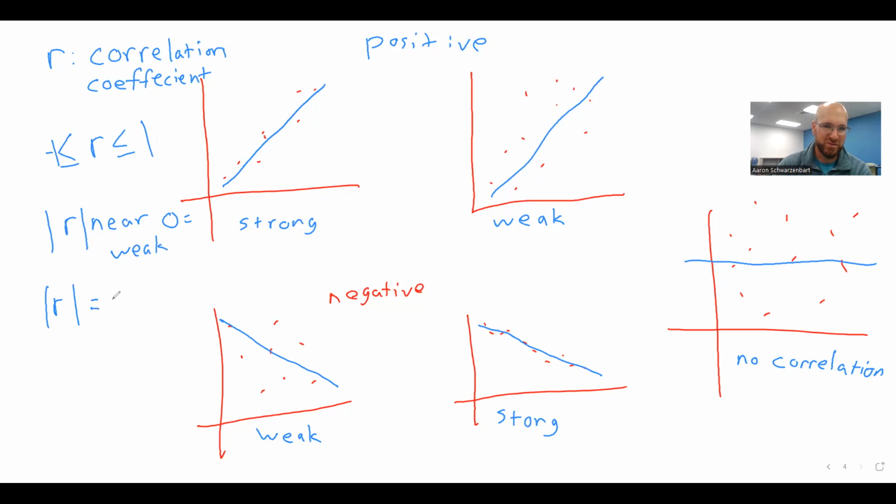Absolute value near 1 equals strong. Something like absolute value near 0.6, 0.7 is moderate. 0.8 even is moderate. It's not super strong.